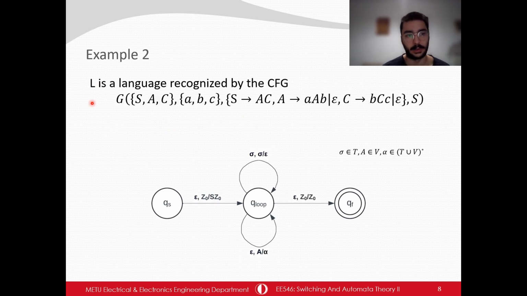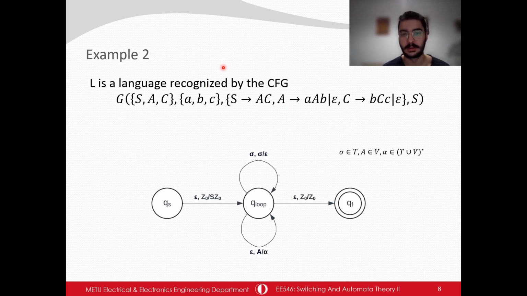Another example would be: L is a language recognized by the CFG. We have 3 non-terminal characters, we have 3 terminal characters, and we have 5 production rules. So, can you recognize the language described by the CFG?